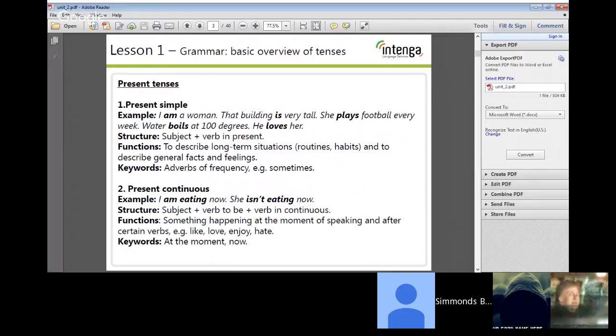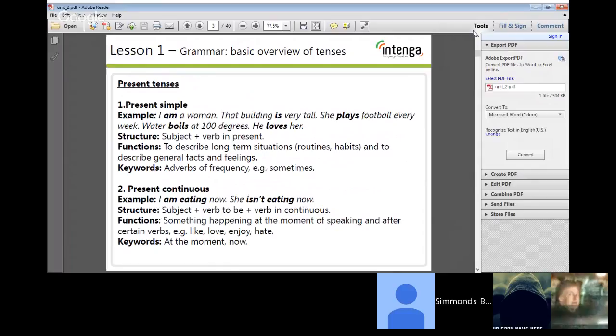Water boils at 100 degrees. He loves her. More? No, that's fine. And then just read number 2 and then the examples, okay? Number 2, present continuous. Example. I am eating now. She isn't eating now. Okay, good.